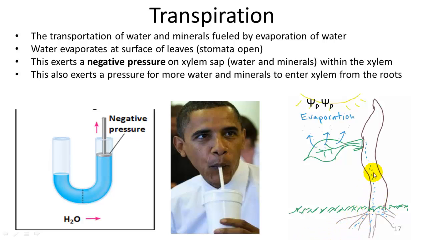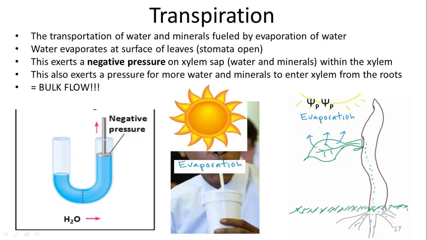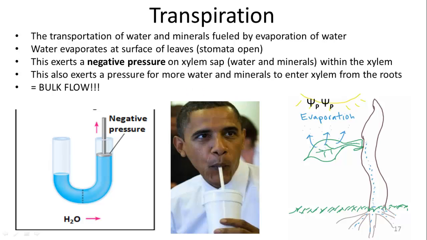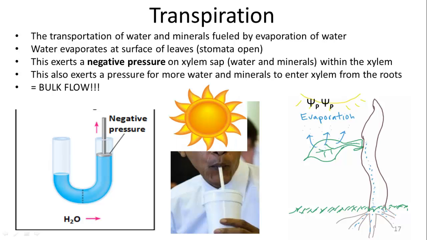So it pulls water out of the roots and then through the whole plant. This is called bulk flow, right? It's similar to how a straw works. You exert a negative pressure by sucking water, and then the water at the bottom is replaced and continually flows, as long as there's a negative pressure there. In transpiration, however, the sunlight is doing the sucking, and evaporation is creating the negative pressure.